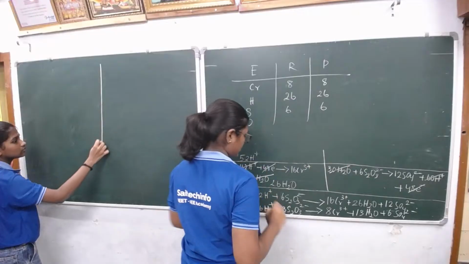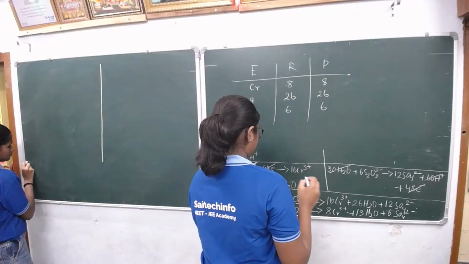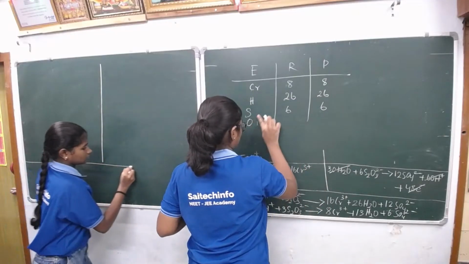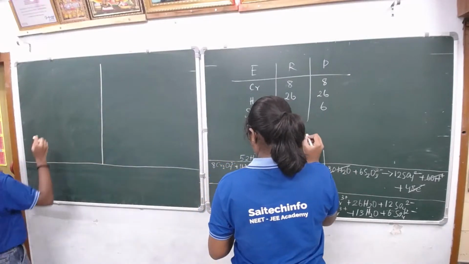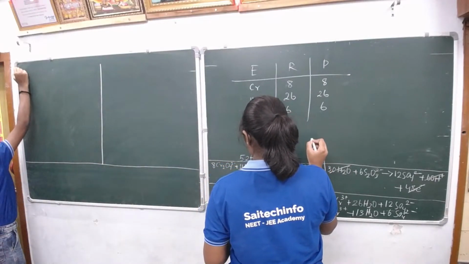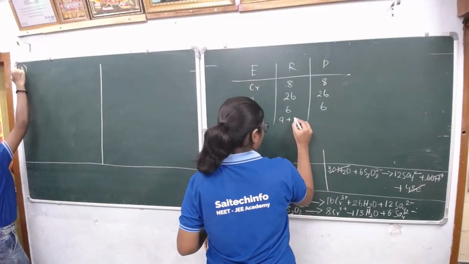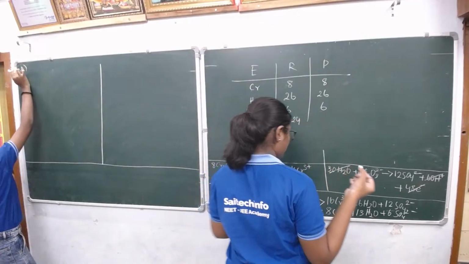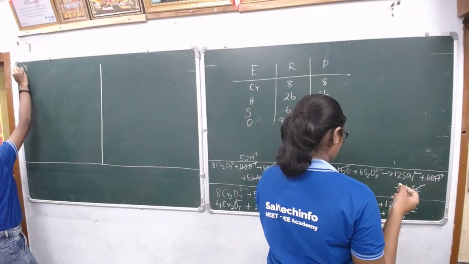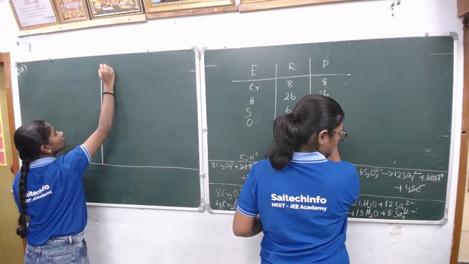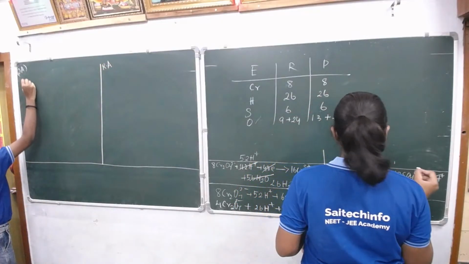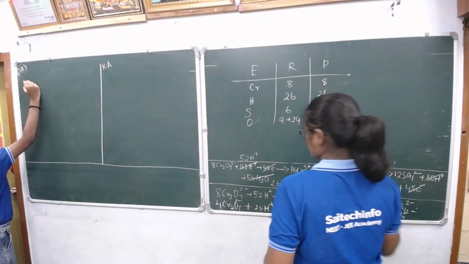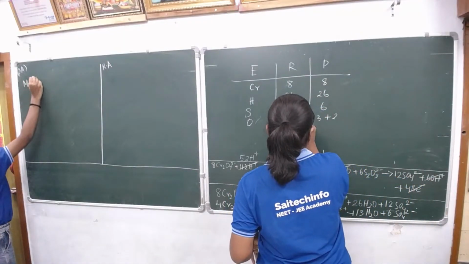And oxygen, here I have 3, 3, 3, 9. 9 plus 24. Here also I have 13 plus 28.